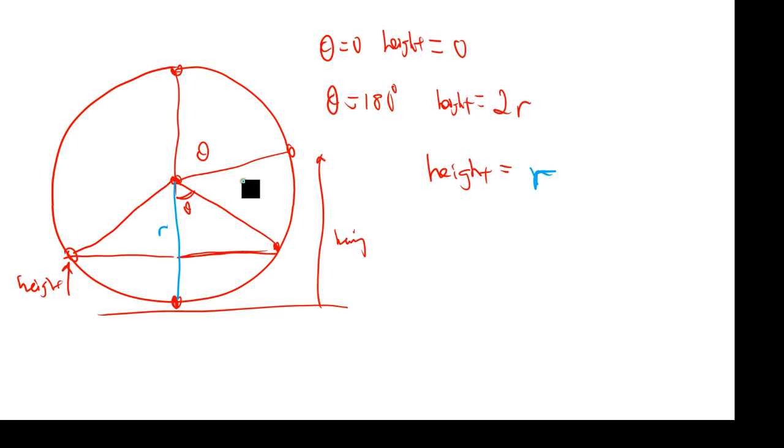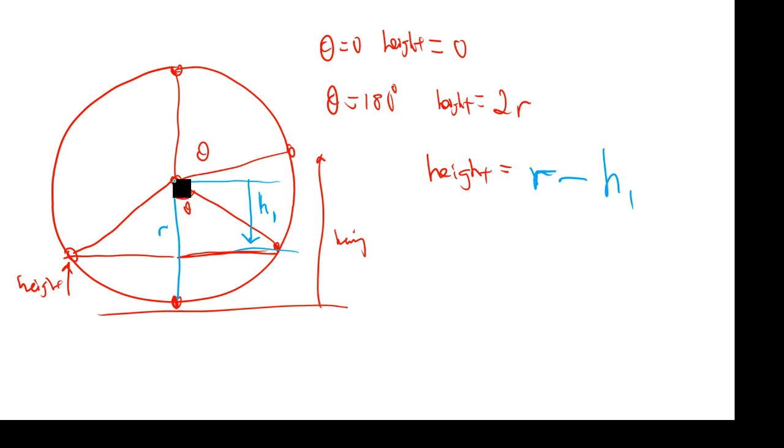Now, there is this part that at this point is below the center. Let's call this h. Let's call it H1. So there's something I must do here. It's R minus H1.